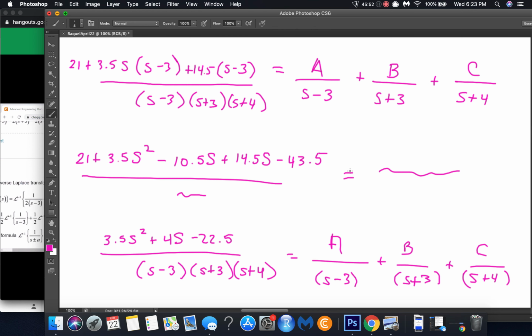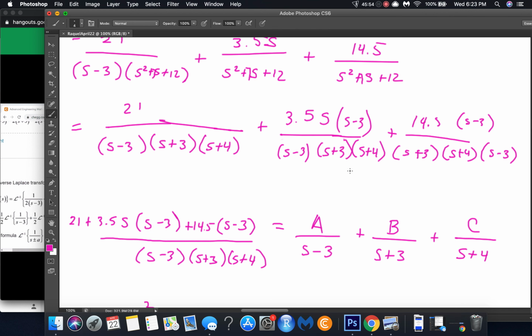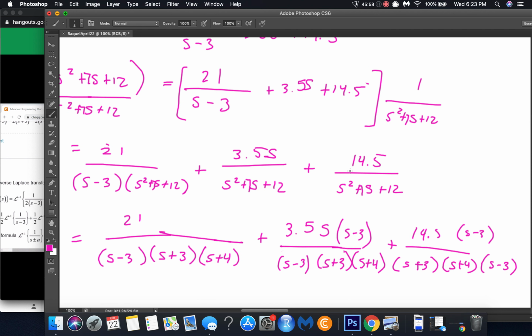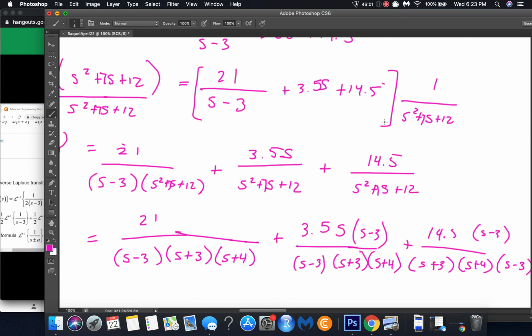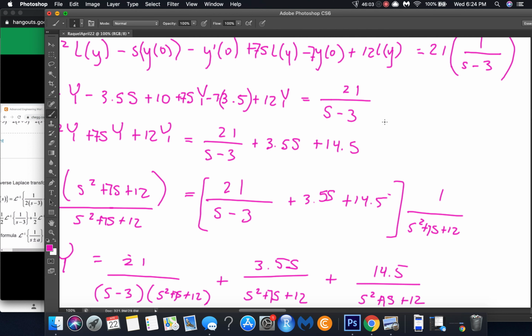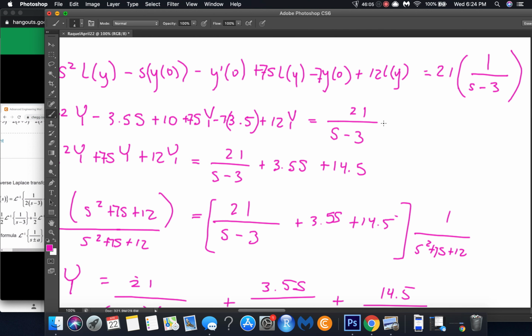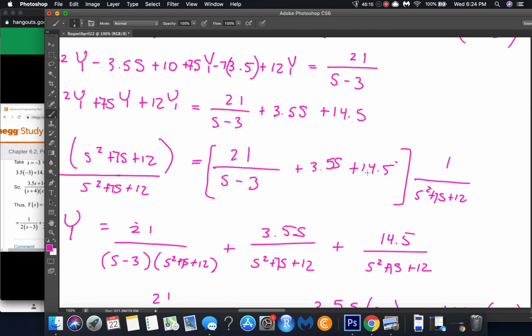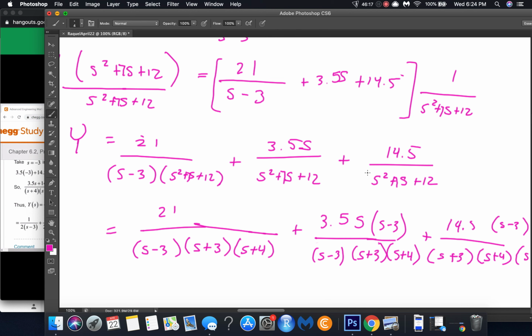So let's hunt that situation. The final answer should be the same. Don't tell me I missed it in the beginning, because then I'm going to be sad. So 21 plus 7 times s, times 7 here. So we got this correct, right? The 3.5s plus 14.5. So that's not the issue.